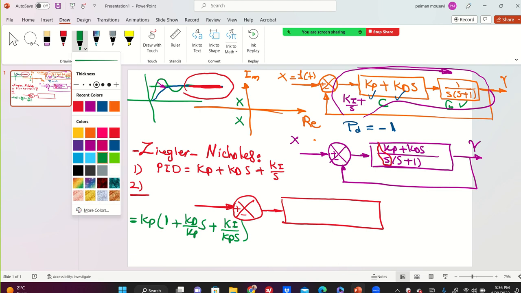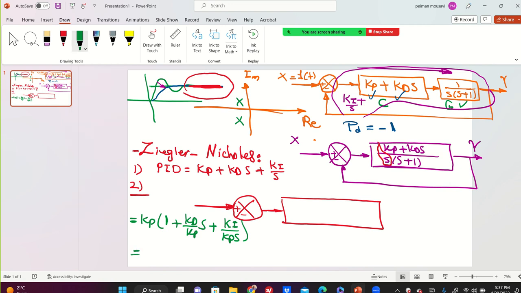Now I can define new parameters based on the Ziegler-Nichols standards. So your PID we write like this: 1 plus TdS, where Td is Kd over Kp, plus 1 over TiS. This is for the derivative, this is for the integrator.